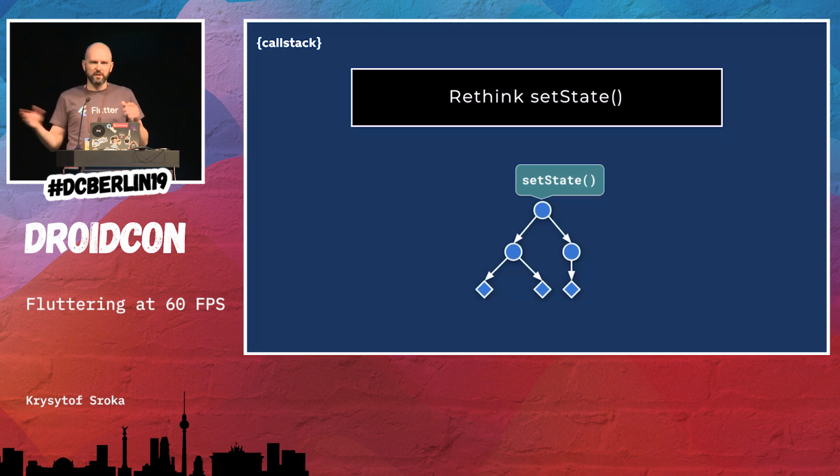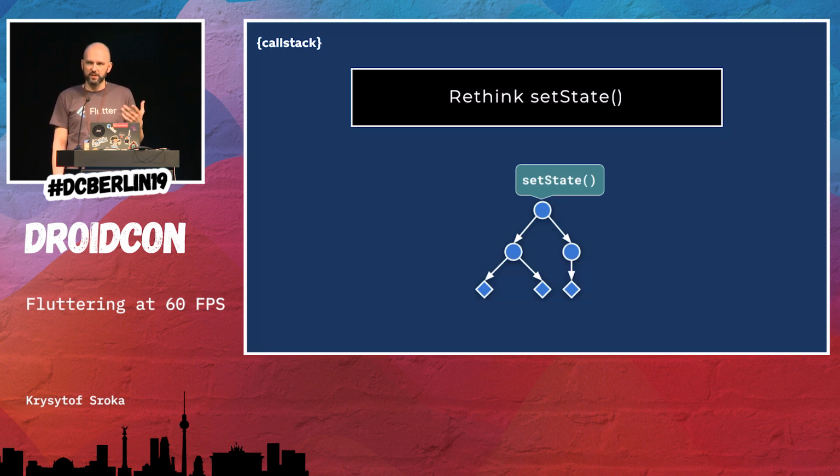Okay, so these were basic optimizations we could deduce from how the update works. And I'll go through some practices, also tied to how these updates work, but maybe more applicable in day-to-day life. So one thing is set state. It's a very basic operation we use every day in Flutter.